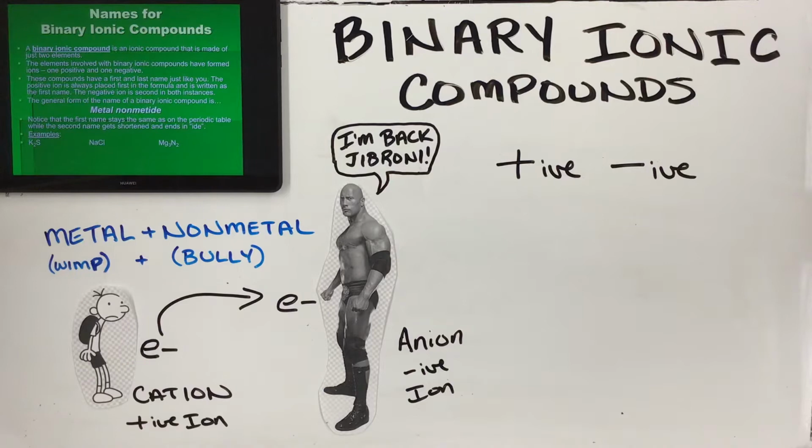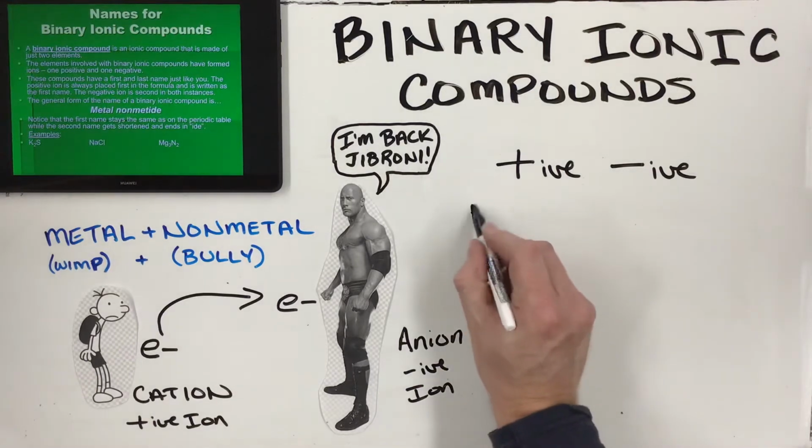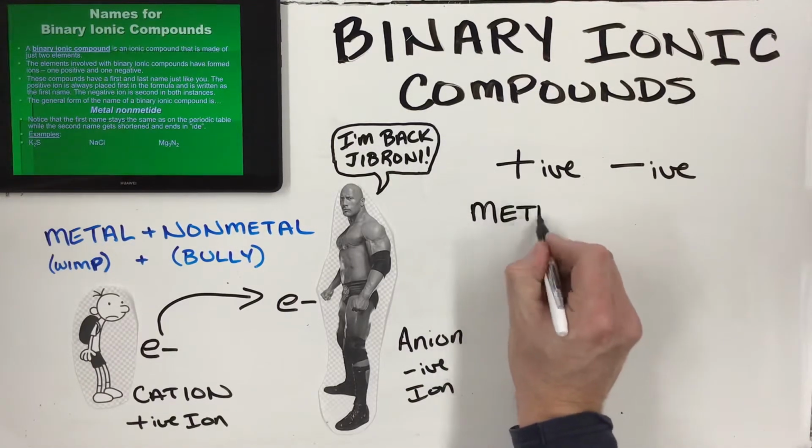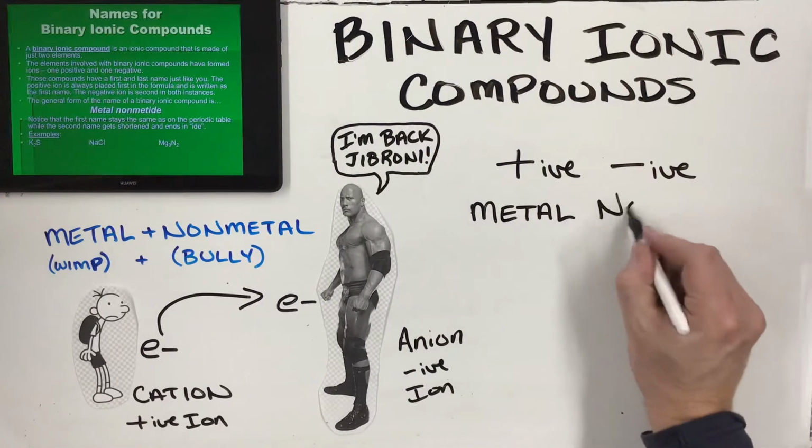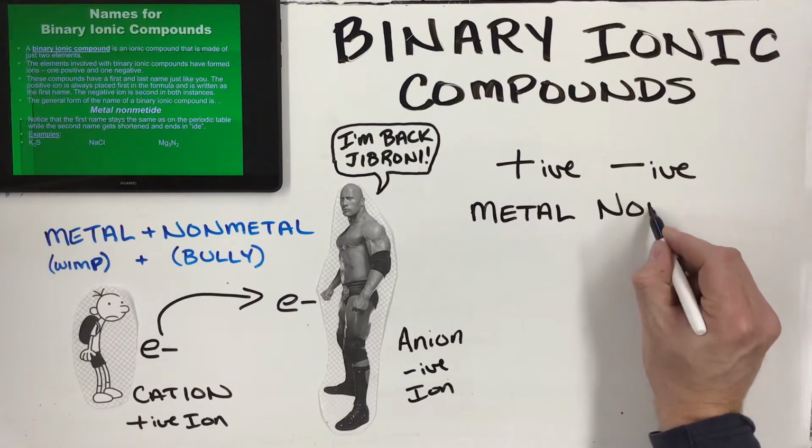So our positive ion, the cation, the metal, goes first. The metal will go first in the name, and it will go first in the formula. And that will be followed by the nonmetal.